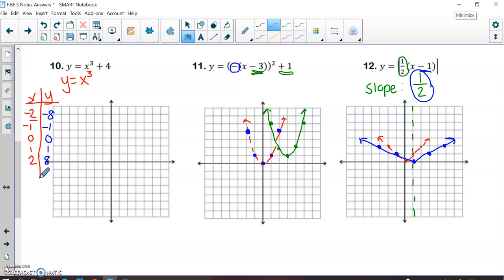Well, (-2, -8) goes off my graph just by 1 unit, so I guess we can draw it. (-1, -1), (0, 0), (1, 1), and (2, 8). So this is actually what your cubic graph looks like. And I apologize, I should have done that dotted.